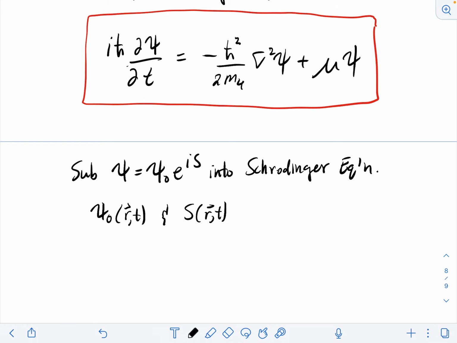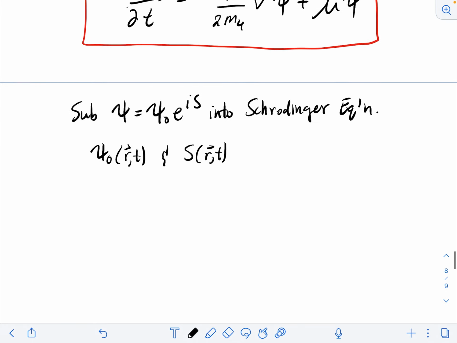A couple things we'll make use of. We'll make use of a couple of identities with this del operator. Del squared is just del dot del.